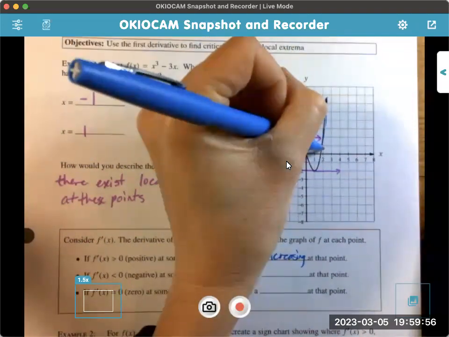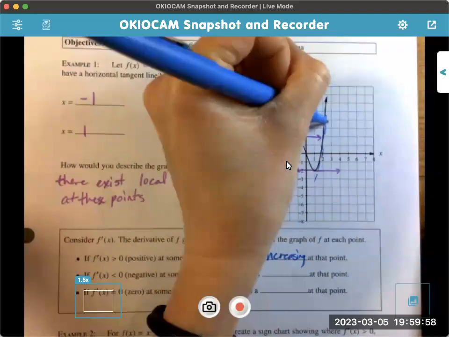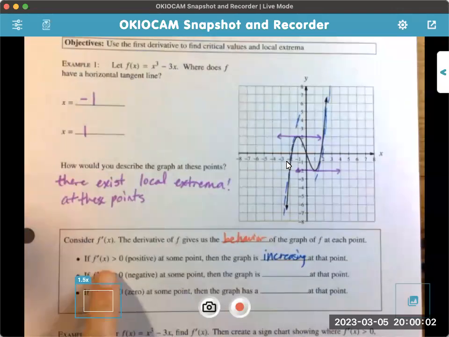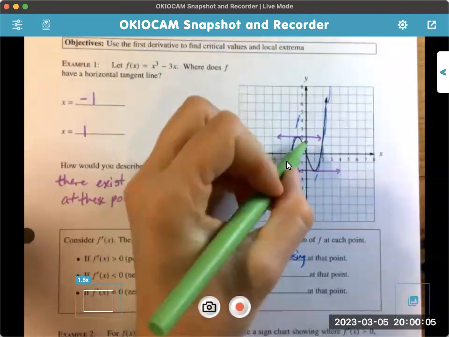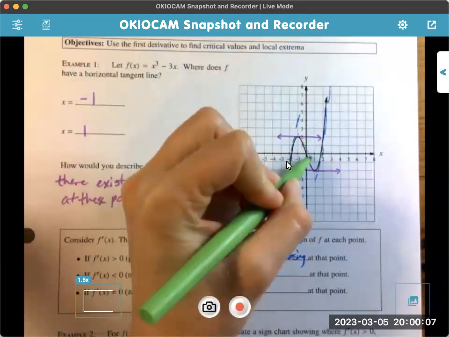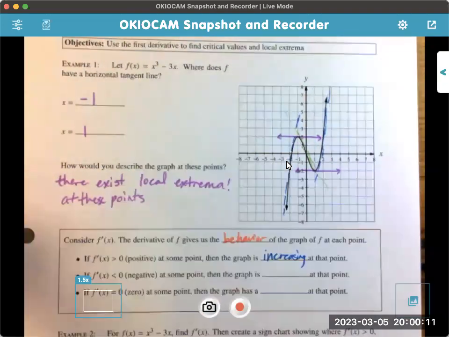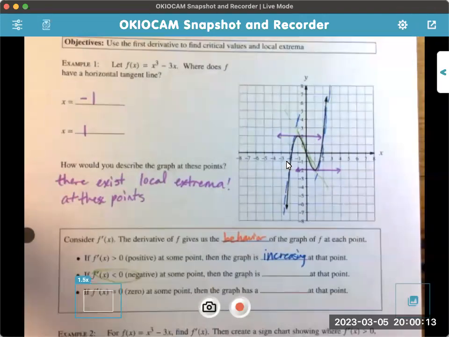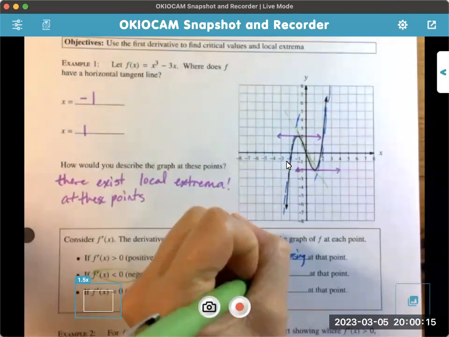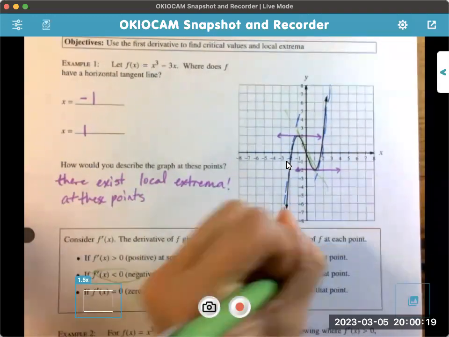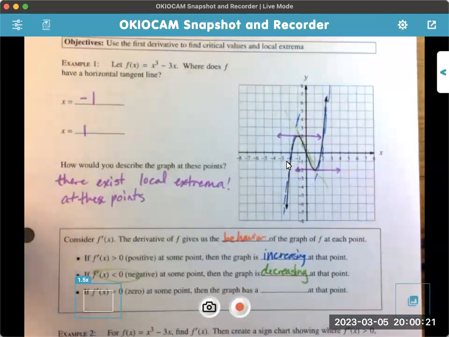If I have these infinite tangent lines off of those points, they have positive slope. Then notice if I'm between -1 and 1, these tangent lines have negative slope. So a negative slope tells us where the graph is decreasing at that point or between those points.